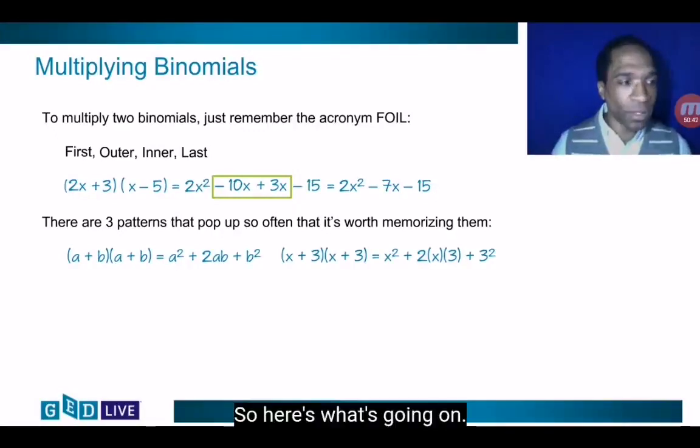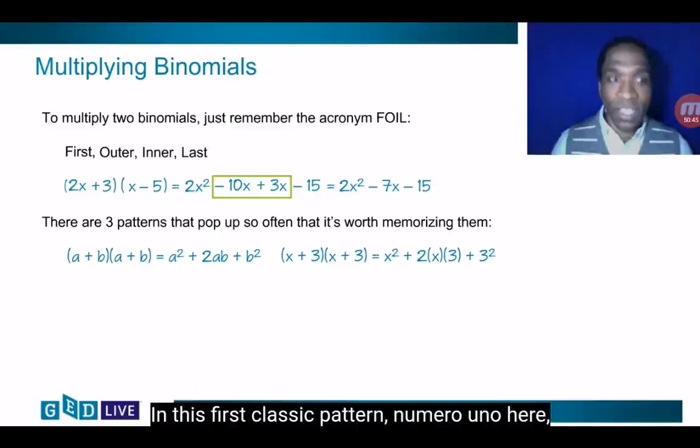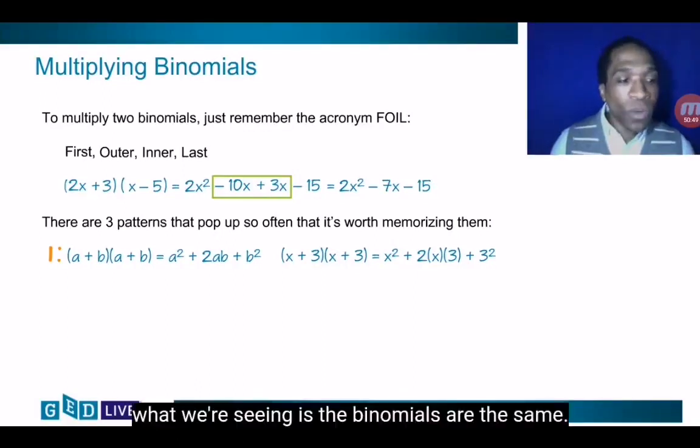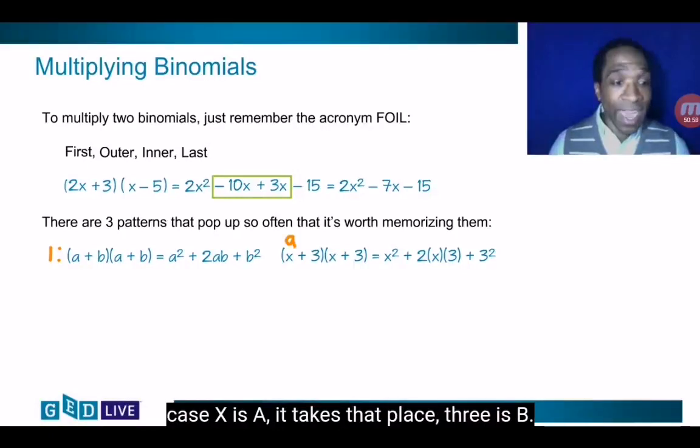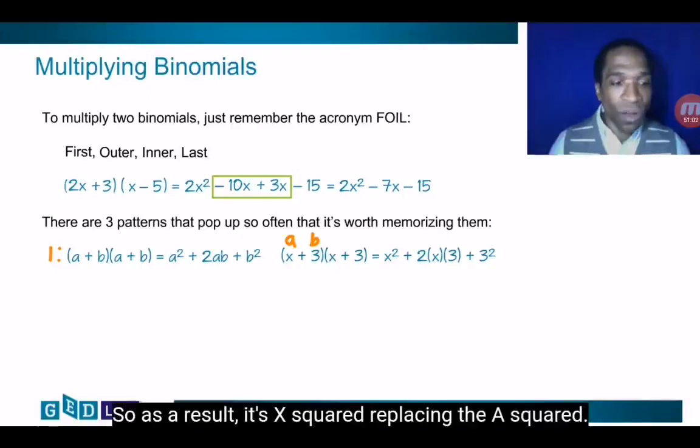So here's what's going on. In this first classic pattern, numero uno here, what we're seeing is the binomials are the same. So in the example, it's x plus 3 times itself. In this case, x is a, it takes that place, and 3 is b. So as a result, it's x squared replacing the a squared.